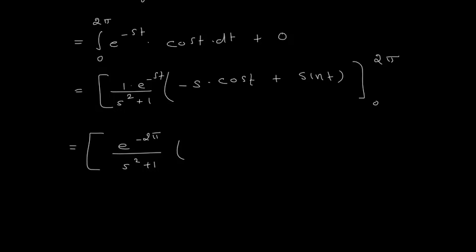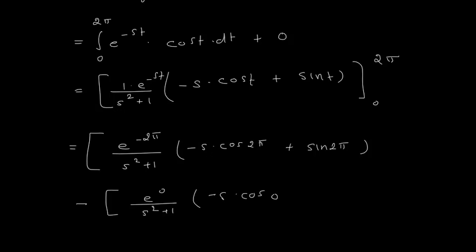Here we put 2 pi: minus s into cos 2 pi plus sin 2 pi, then minus e raised to 0 divided by s square plus 1, here minus s into cos 0 plus sin 0.